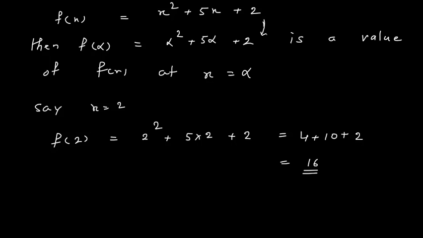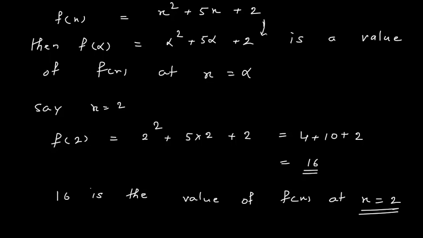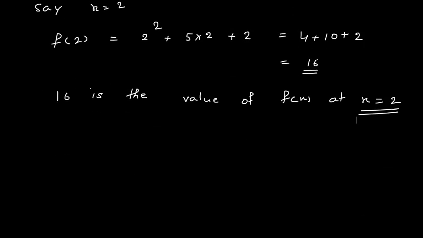So I will say that 16 is the value of fx at x is equal to 2. So when I take x is equal to 2, I get 16 as the value of fx, or in short I can say that f of 2 is 16. So value of fx is 16 when x is equal to 2.